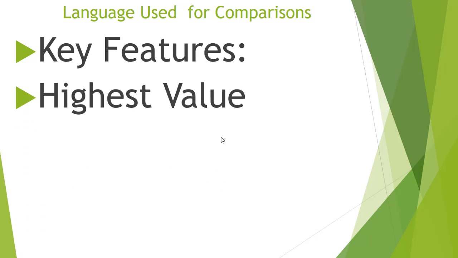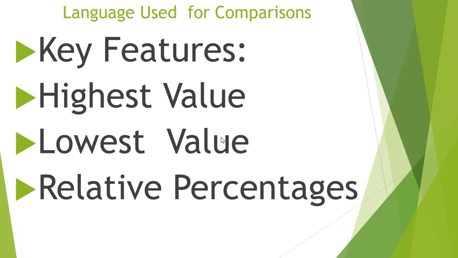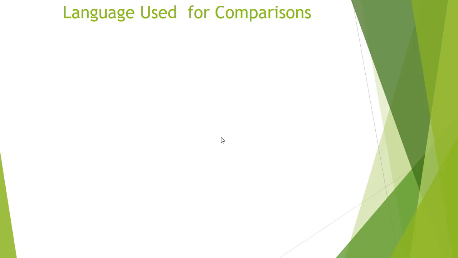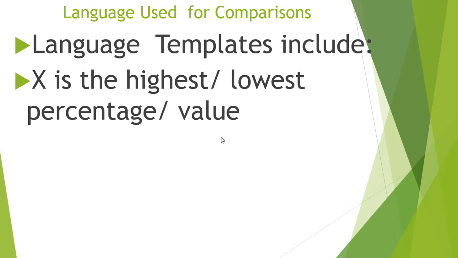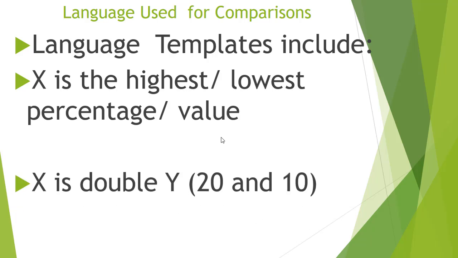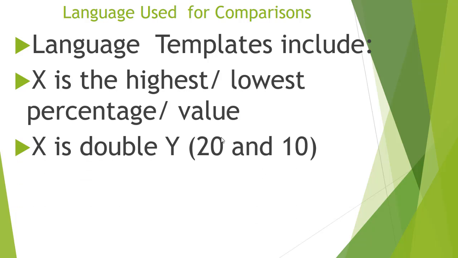Okay, you have to use key features. You have to use the highest value, the lowest value, the relative percentages. We'll show this in detail. Language templates include what? X is the highest or the lowest percentage or the value, the highest value, the lowest value, the highest percentage, the lowest percentage. X is double Y, 20 and 10.